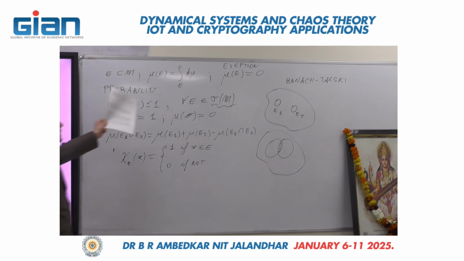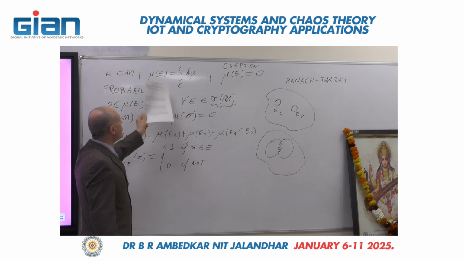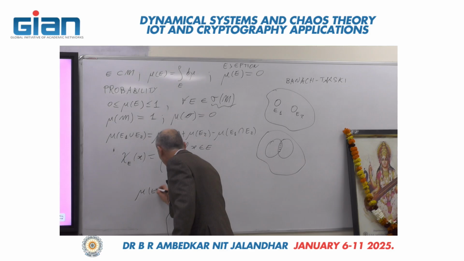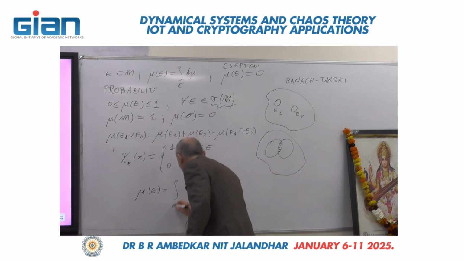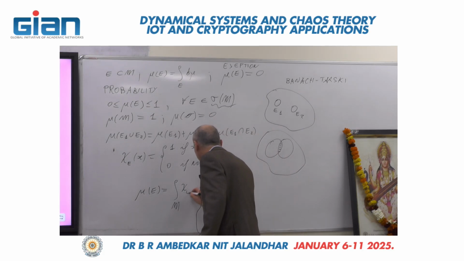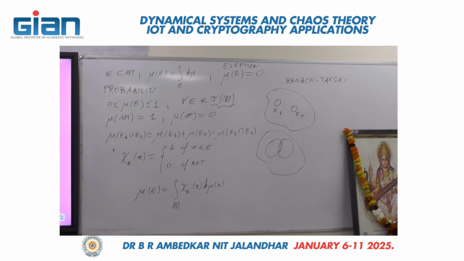Then this integral up here can always be reduced to an integral over the whole space, because mu of E is equal to the integral over the whole space of chi E of X d mu of X. This connection between sets and functions is very important, because sometimes it is easier to work with sets, and sometimes it is easier to work with functions.